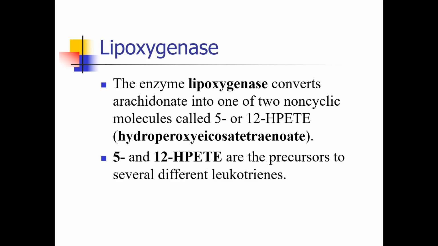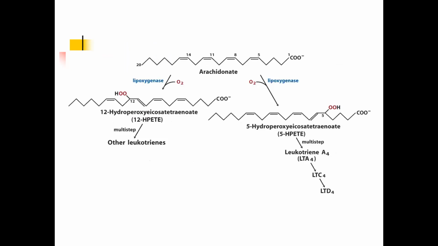But the hydroxy, peroxy, eicosanoate is the precursor of your different leukotrienes. So here is 12 HP, here's 5 HP. 5 HP will then make leukotriene A4, C4, and D4. These are really, really important in asthma.